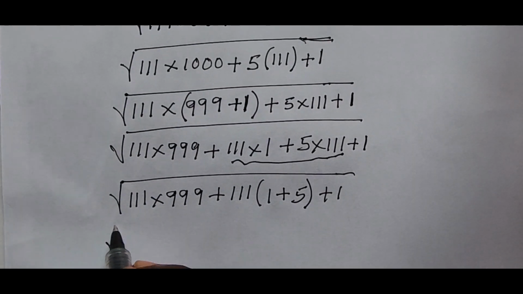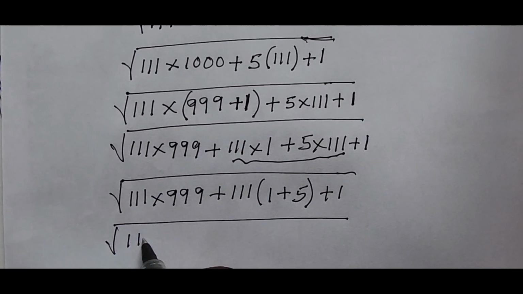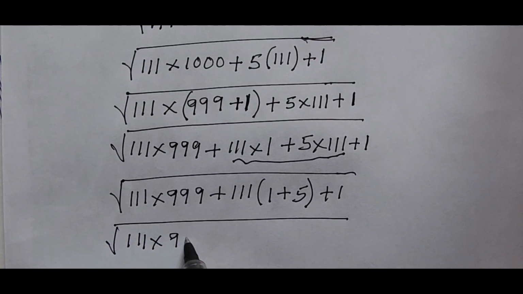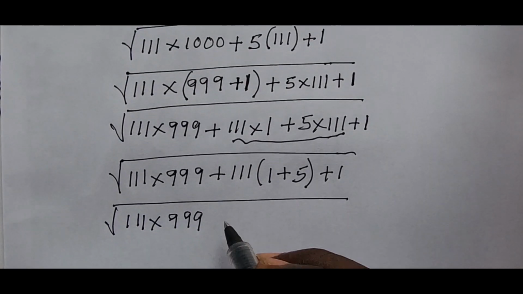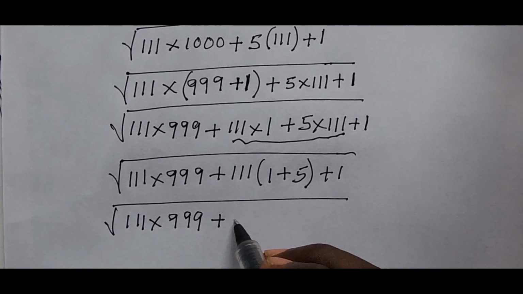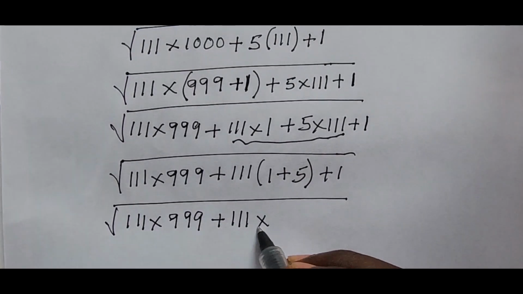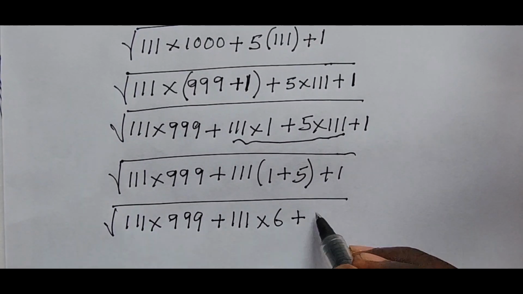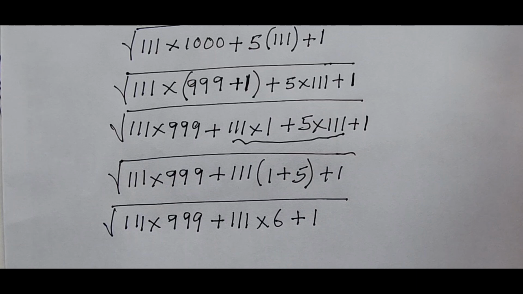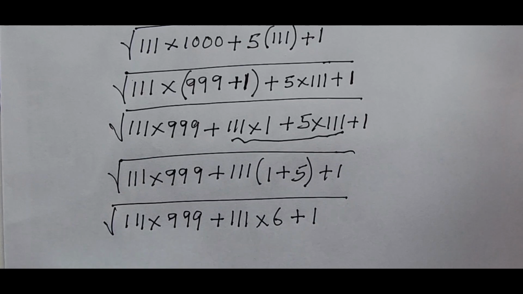And this will end up giving us our 111 times 999 then plus our 111 times our 6 plus 1. Wow, are you seeing the game playing out here? Again, look at our 999. We can still bring out 111 from here.